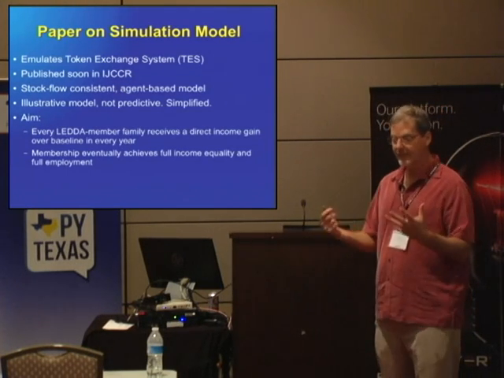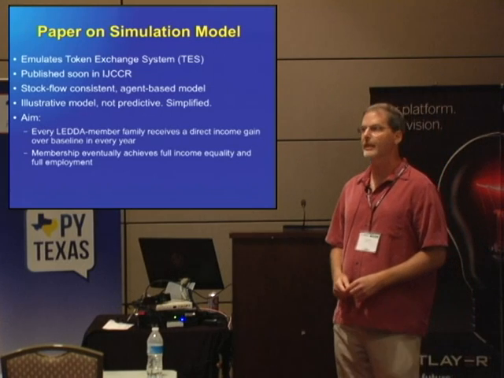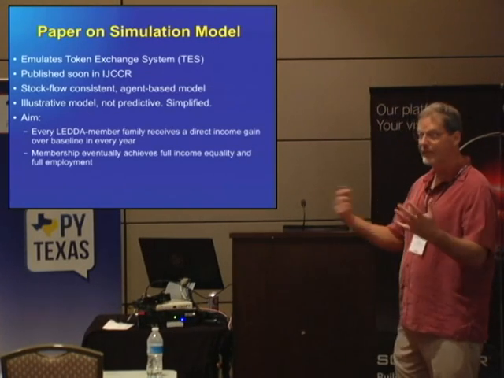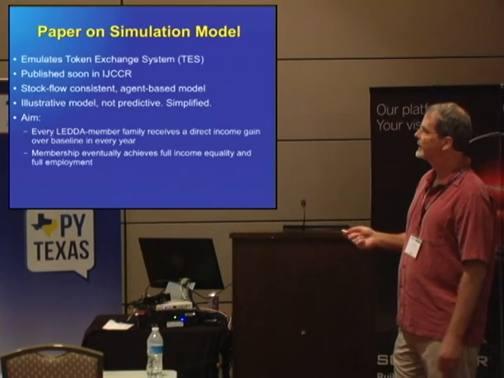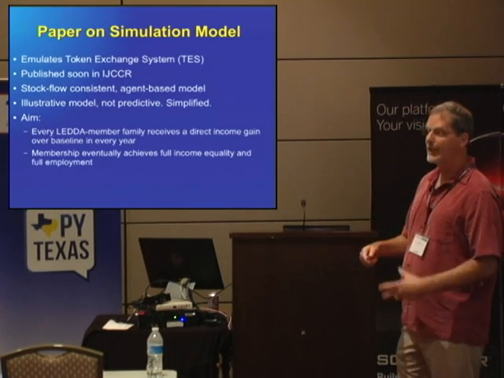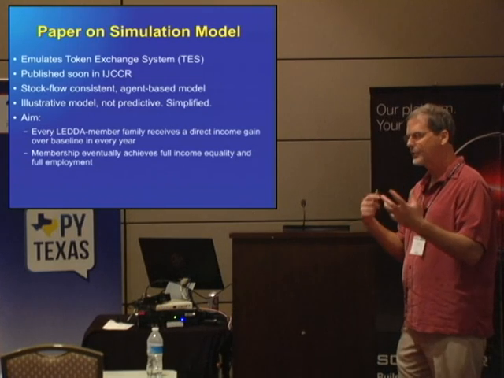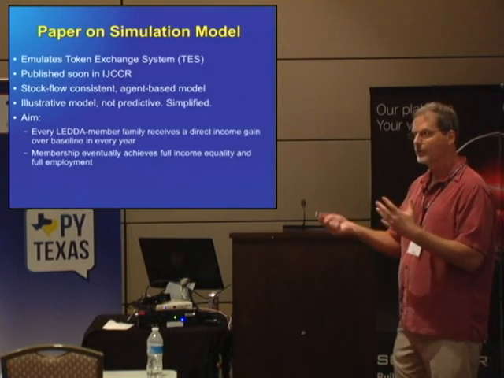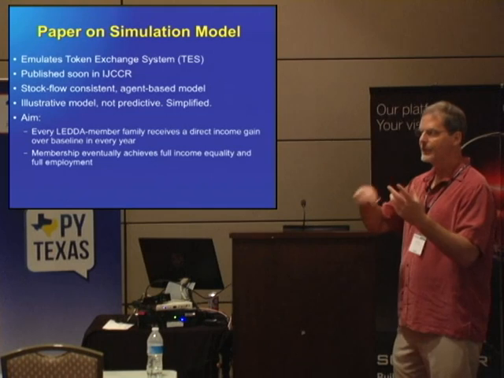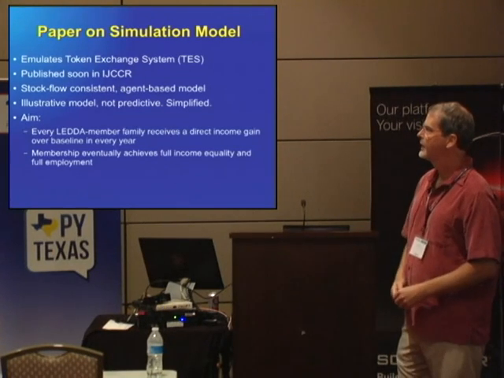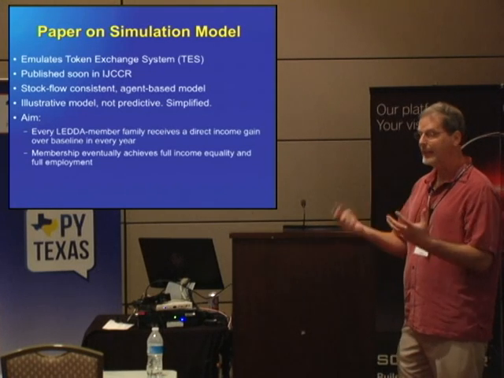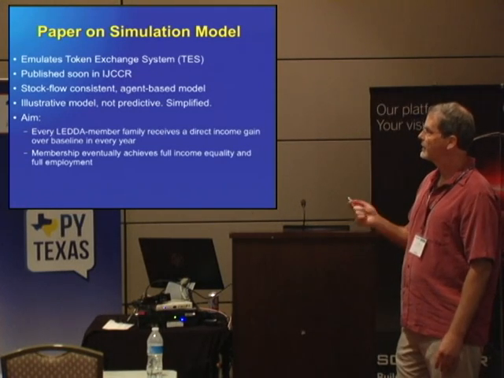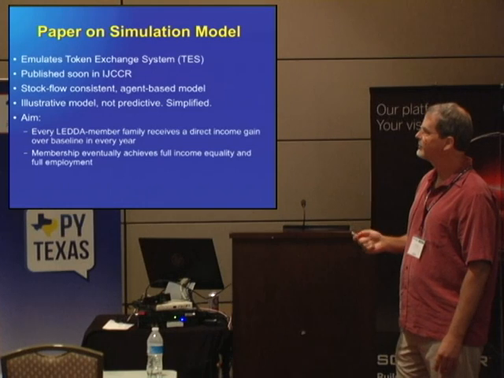In this system, the token is the local electronic currency. So that's one of the components of this whole framework, a local electronic currency called the token. And the token exchange system describes the rules and procedures for how dollars and tokens flow in the local economy.